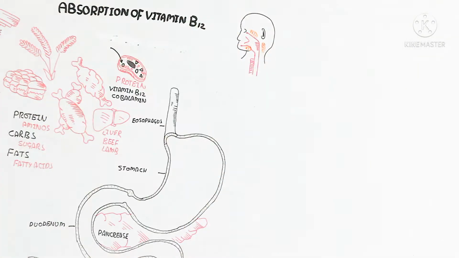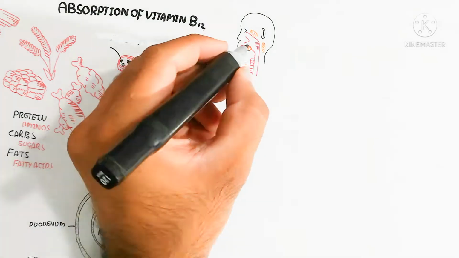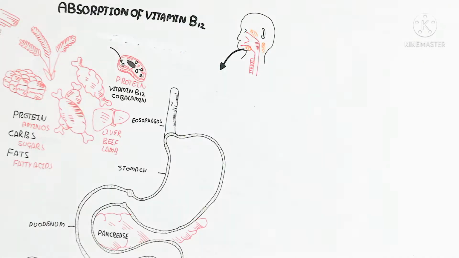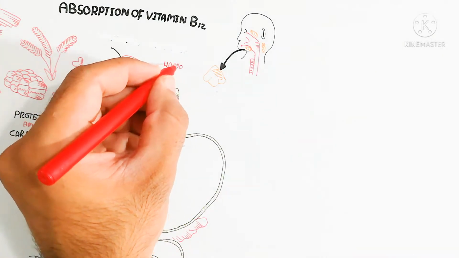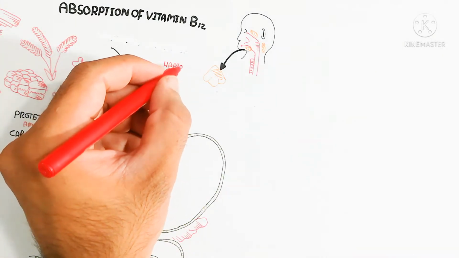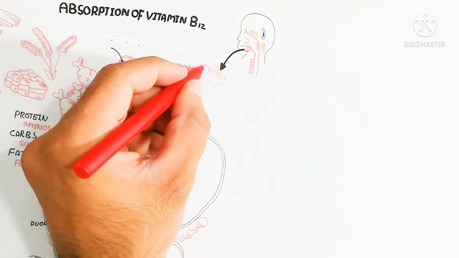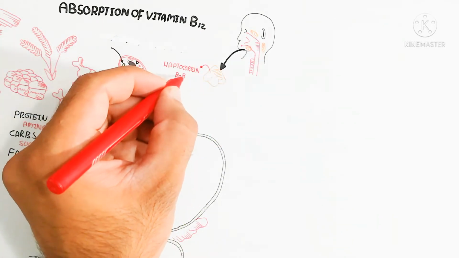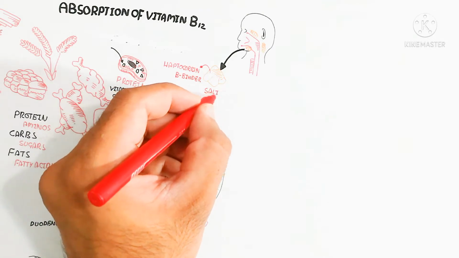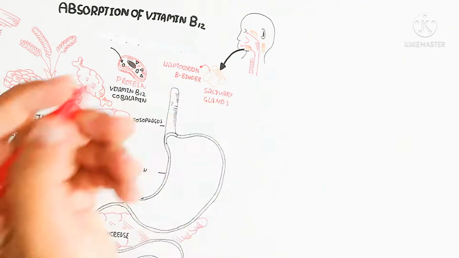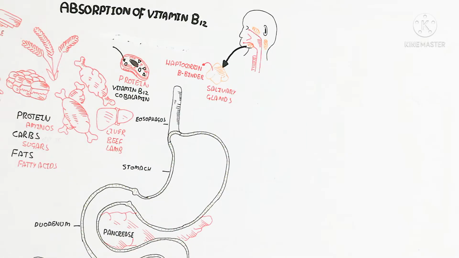This haptocorrin is the vitamin B12 binder. During the first phase of digestion, the semi-digestion of starch, carbohydrate, and protein, haptocorrin binds the vitamin B12.